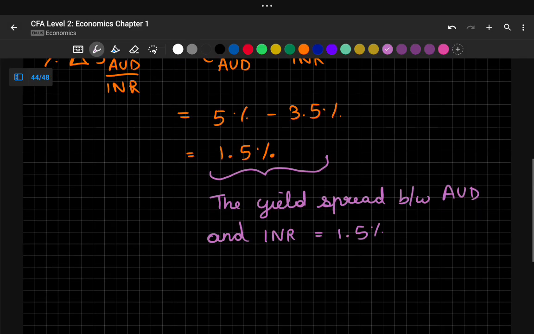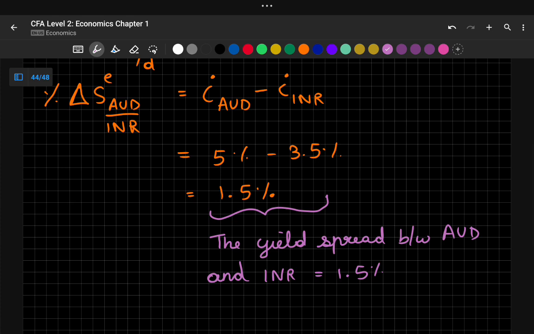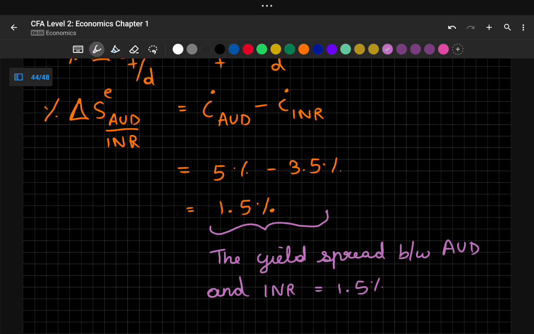But this also means that the change in expected spot exchange rate is also 1.5%, right?